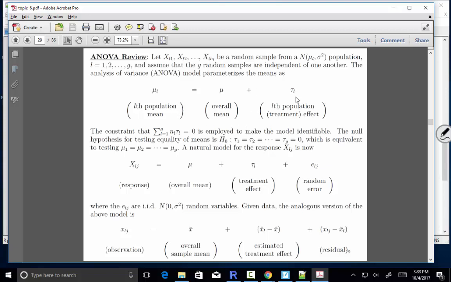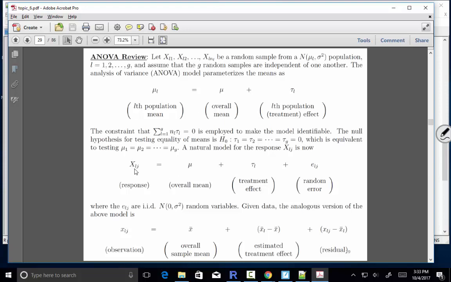So this is an assumption. We're going to model the means for the different comparison groups with this representation. All models are wrong, but some are useful, is a famous tongue-in-cheek quote of math and statistics. The ANOVA model is widely used. It is a model. It's got assumptions in it. Let's assume we can decompose the means this way.